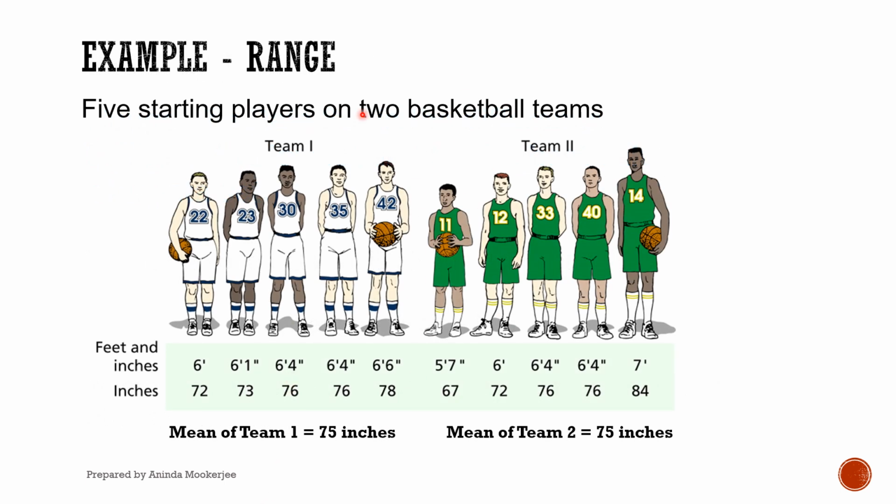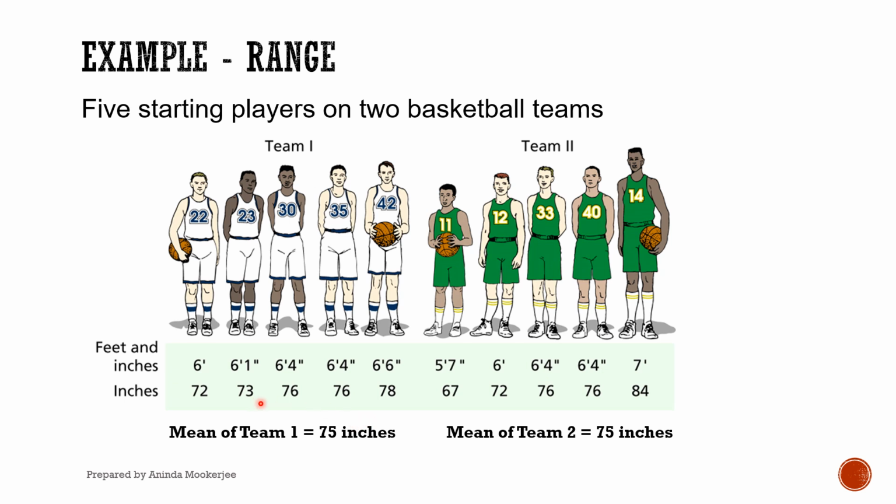Let's look at this example here on two teams of basketball players and their heights. This will give us an understanding of the range and some of its drawbacks. All right, so we have here two teams of 5 players in each team, and they have their heights listed here in both feet and inches, but we look at the one with inches.